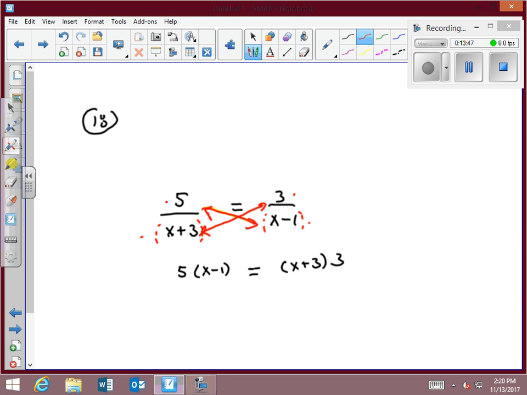So could you cross multiply on 12? Someone said no. That's right. Could you cross multiply on 21? Yeah, because that's a bracketed term over a term, right?